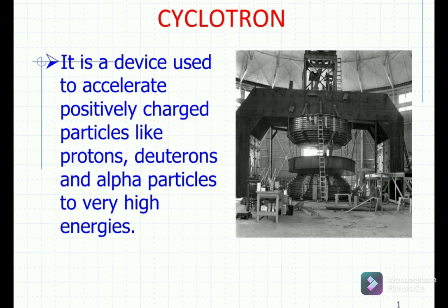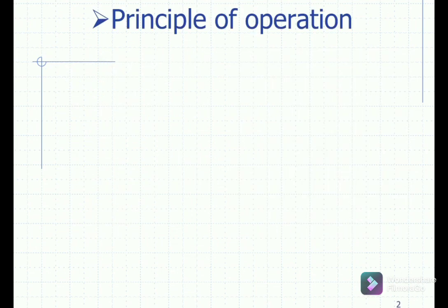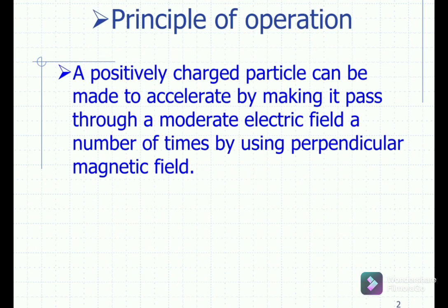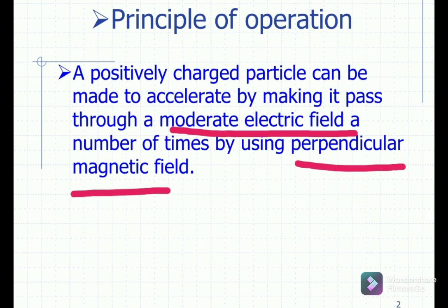Now let's move towards the principle of operation. The working of cyclotron is based on the fact that a positively charged particle can be made to accelerate by making it pass through a moderate electric field a number of times by using perpendicular magnetic field.